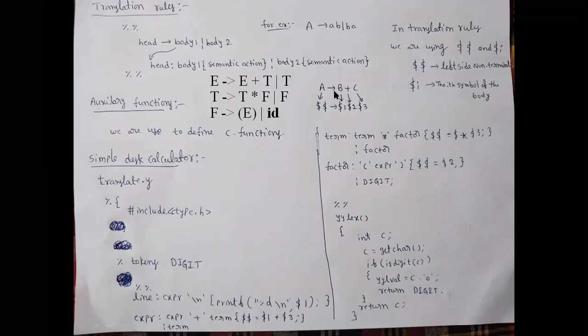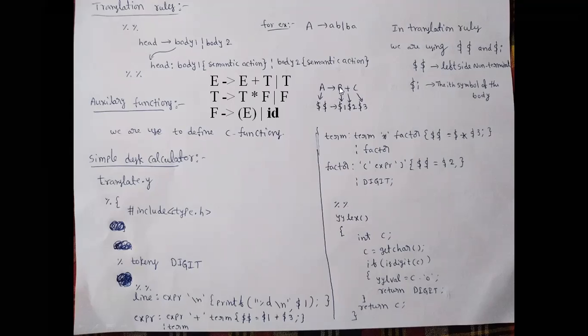For example, let us consider this example. A produces B plus C. So A produces B plus C means A is the left side non-terminal attribute value. Okay, left side non-terminal attribute value. So this left side non-terminal we represent with dollar dollar. B plus C is the production body.